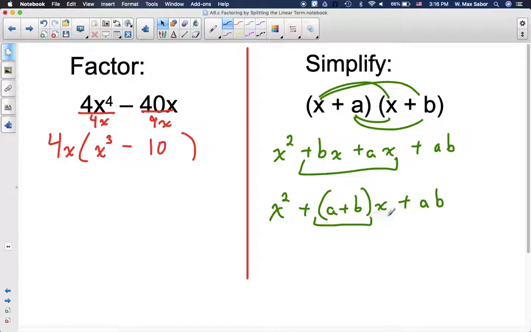So you'll see that there are two numbers here that multiply to give the final term and add to give the linear term. So what we're going to try to do is go from here to here in order to get all the way back to the beginning. So this is about splitting the linear term, finding that there are two things that add up to give us this, bringing us back to the original.